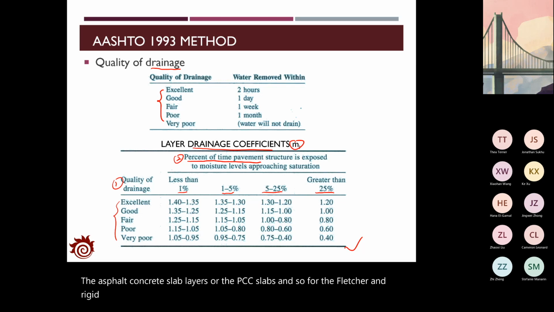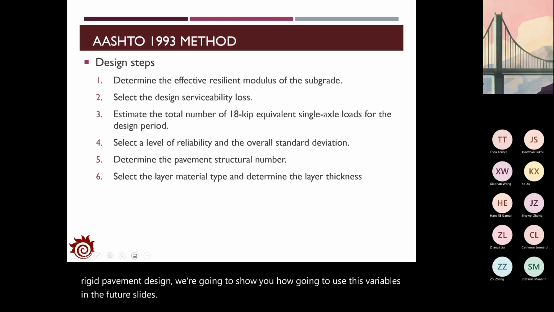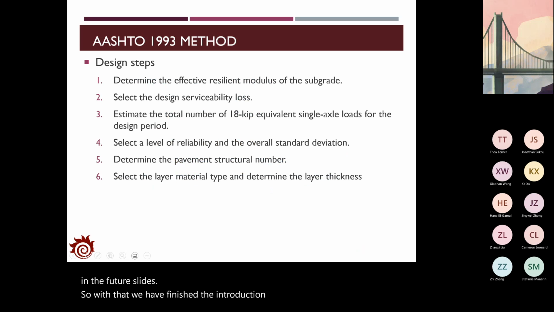We're going to show you how we use these variables in the future slides. With that, we have finished the introduction about all the variables you need to estimate for the flexible pavement design.